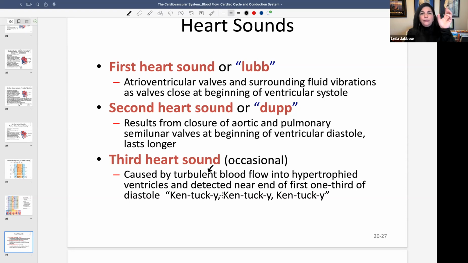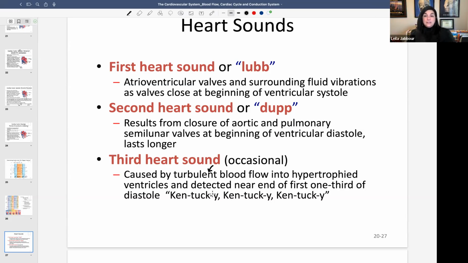So when the blood flows into enlarged, hypertrophy is the term we use in anatomy when something got bigger. Muscle hypertrophy is when the muscle enlarges. Chondrocyte hypertrophy in the metaphysis, if you remember that part of the endochondral ossification, those lacunae hypertrophy, they enlarge. So that's what hypertrophy means.